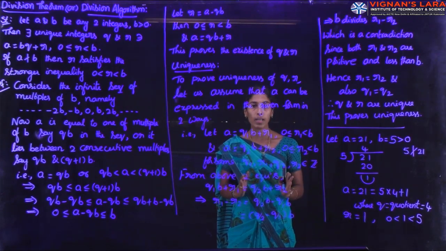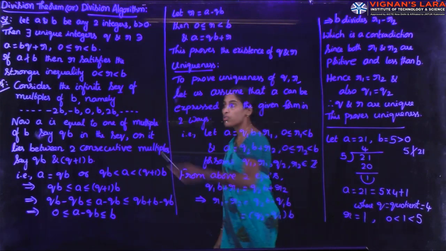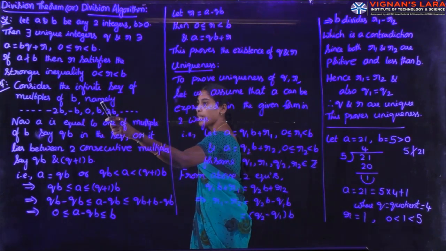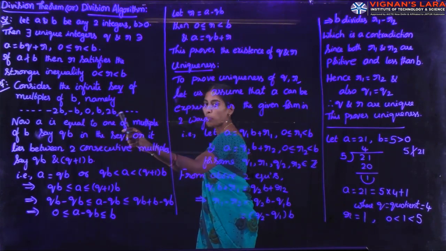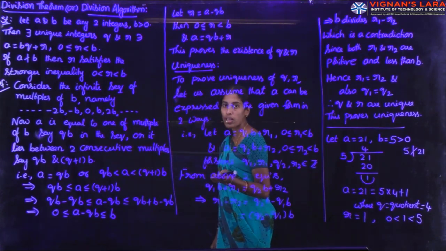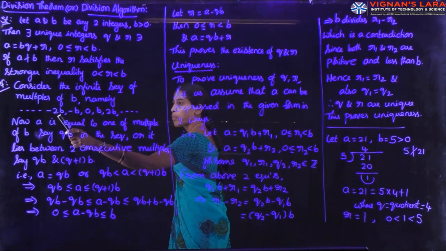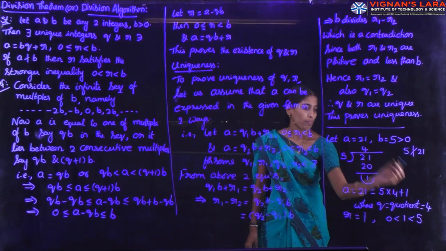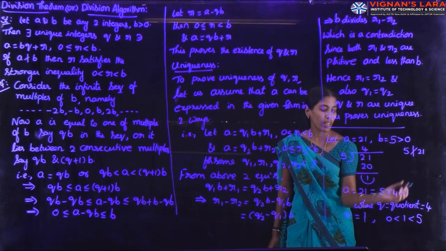Those are multiples of B, right? So consider the infinite sequence of multiples of B, namely 0, B, 2B and so on on the positive side, and on the negative side minus B, minus 2B, minus 3B and so on. Right, here what are the multiples of 5?